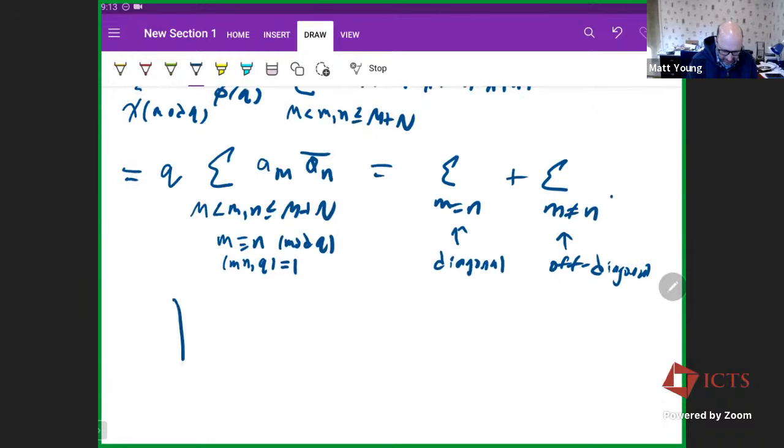The reason for the name is that if you view this in the M and N plane, M equals N is this diagonal, and then we've got these other off diagonals. You've got these parallel lines.